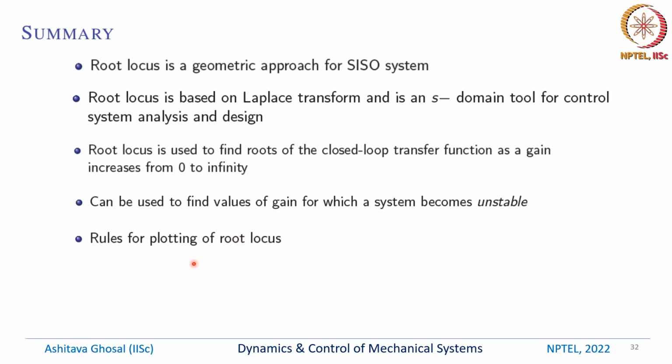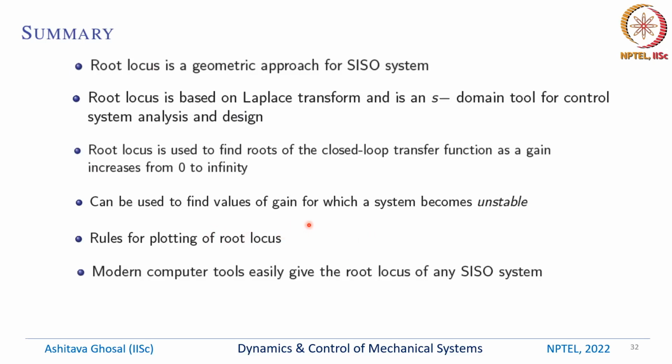I showed you some rules for plotting the root locus: that it starts from poles and ends in zeros, and these are the asymptotes, and this is the breakaway angle and arrival angle, and so on. It gives insight into the root locus, but most of the time we use modern computer tools to find the root locus of any SISO system, single input, single output system, very easily.